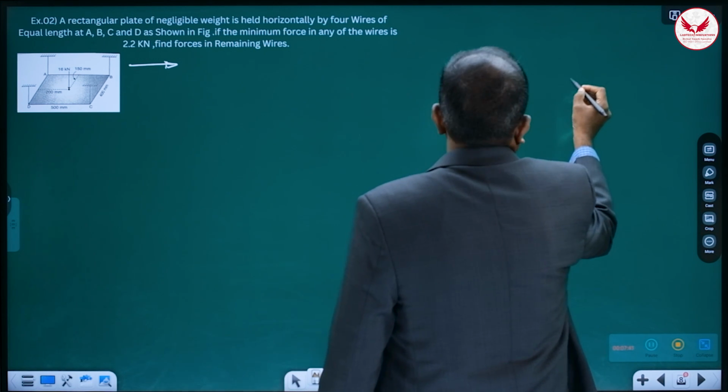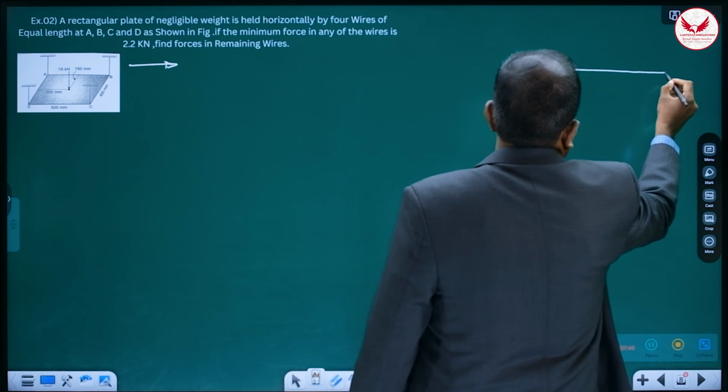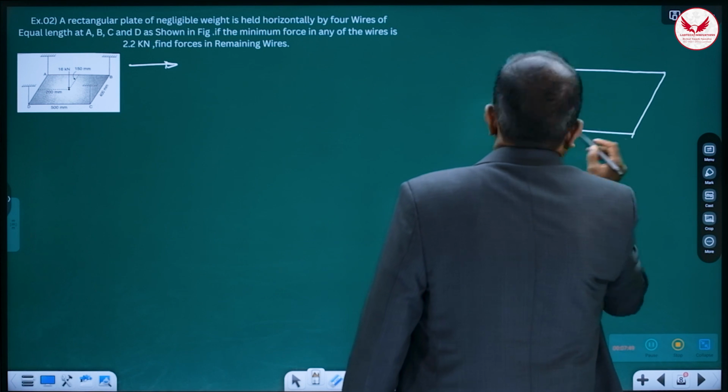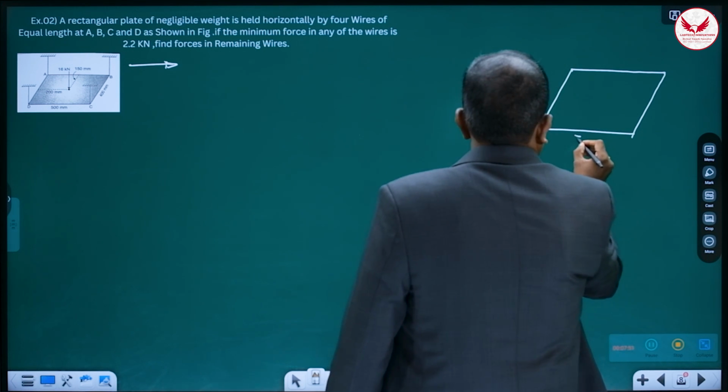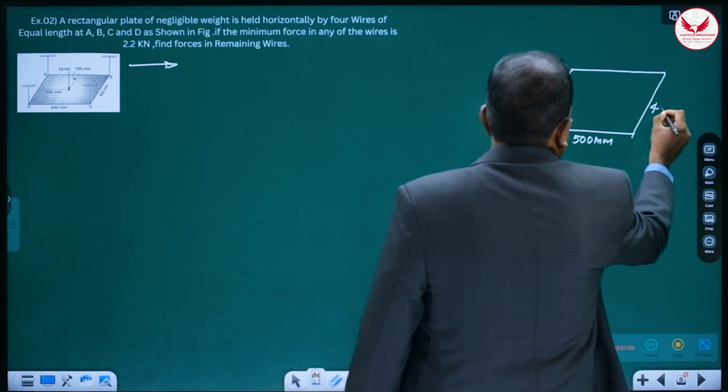So it's a rectangular plate of 400 by 500 mm, and this is 400 mm.